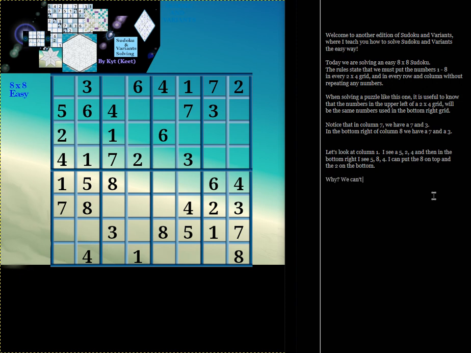Well, we can't put another 8 in the same column as an 8. This is why we can't put an 8 below the 6.